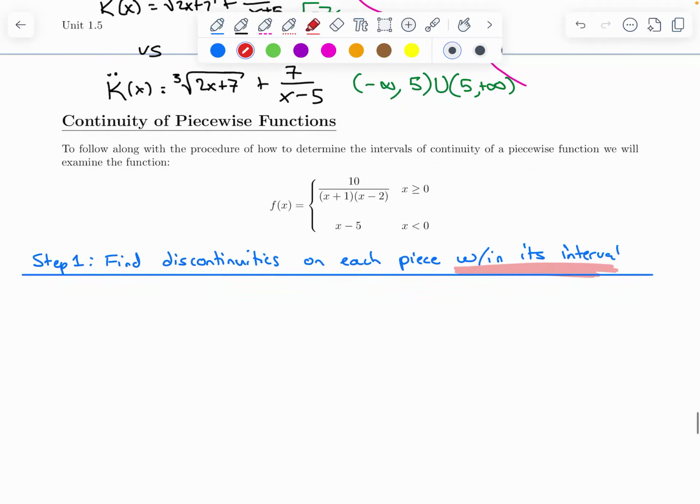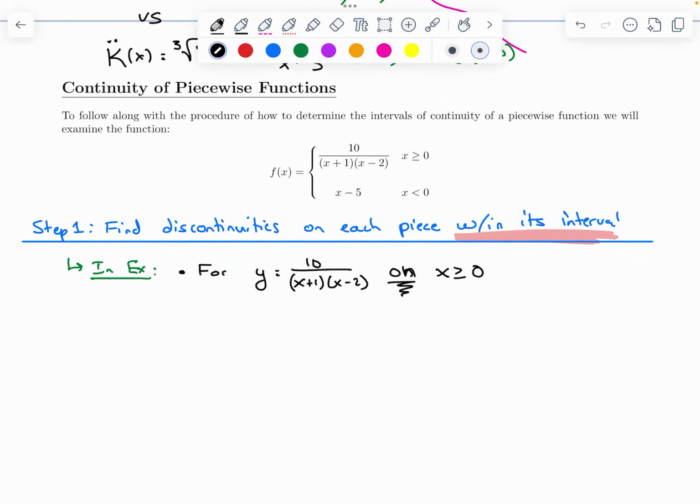So, in the example, we have two pieces. For y equals 10 over x plus 1 times x minus 2 on x is greater than or equal to 0. Where is that function discontinuous?